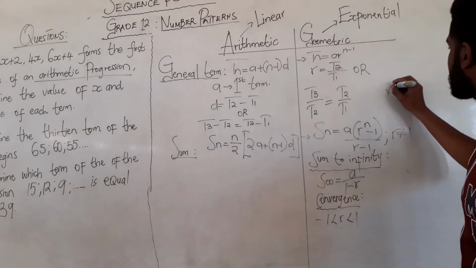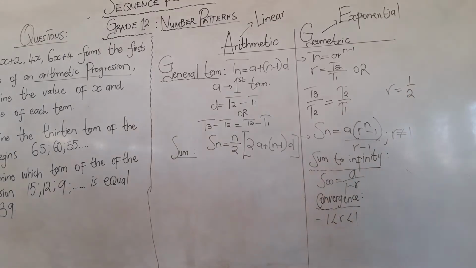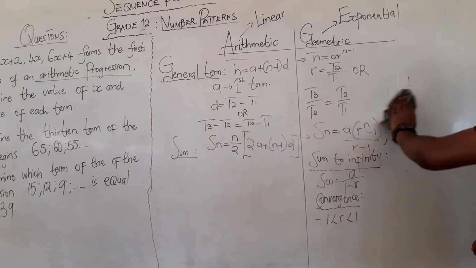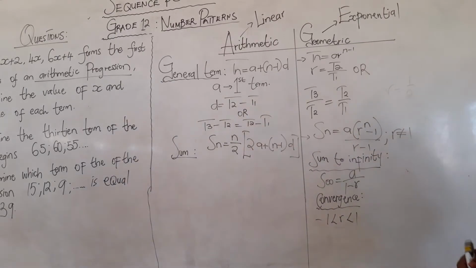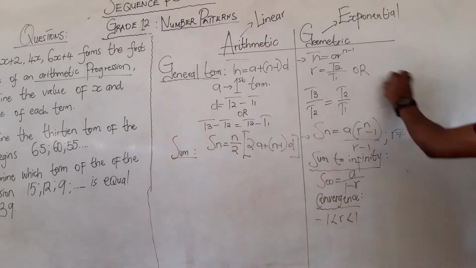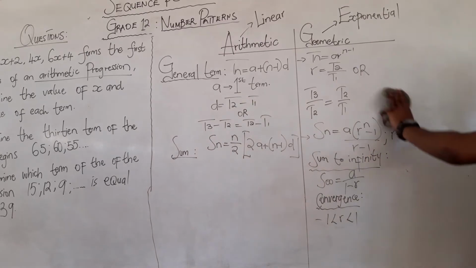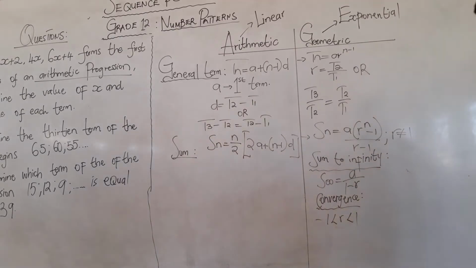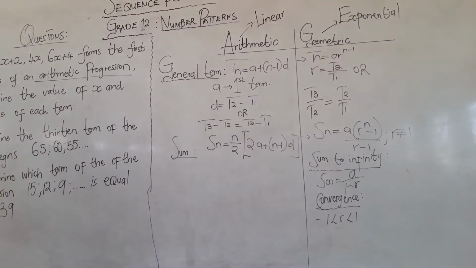For example, if you calculate your ratio and it is 1 over 2, which is equal to 0.5, 0.5 lies between -1 and +1. Therefore, your sequence will converge. But if this number is greater than 1 or less than -1, the series will not converge. The series always converges if your ratio is between -1 and +1.